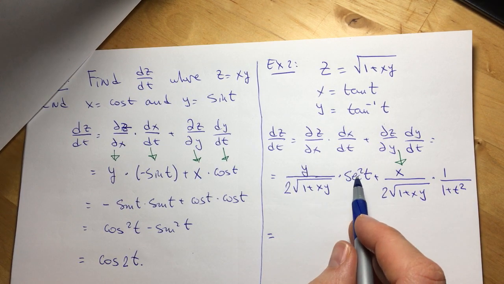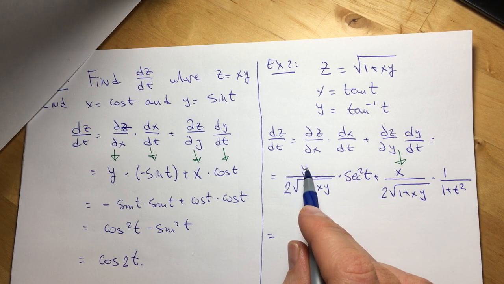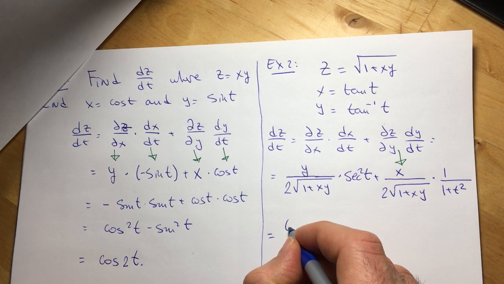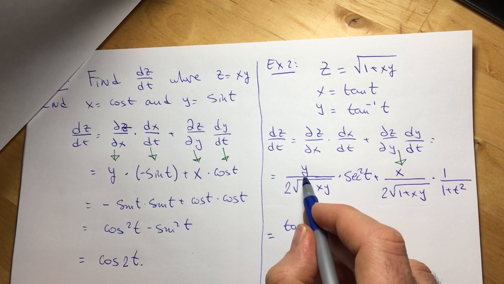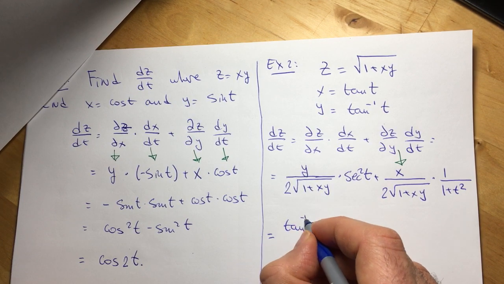So y is arctangent of t. Oh, sorry, arctangent of t, my bad.